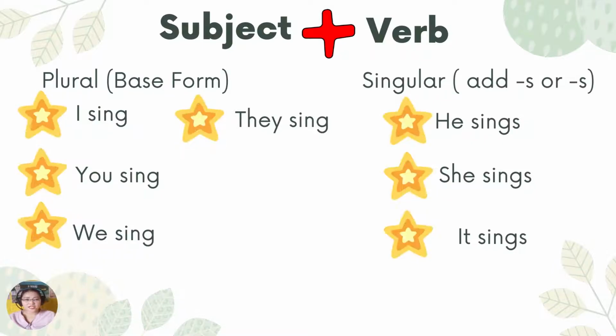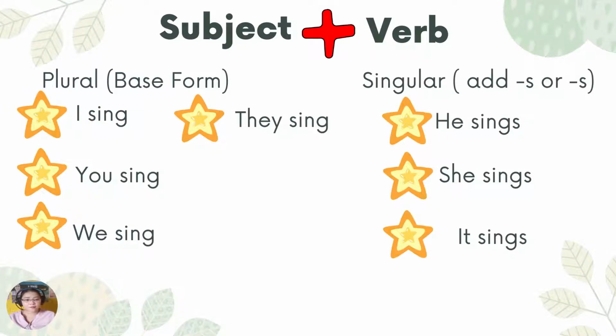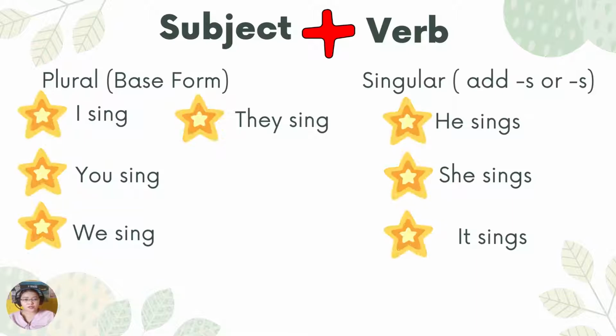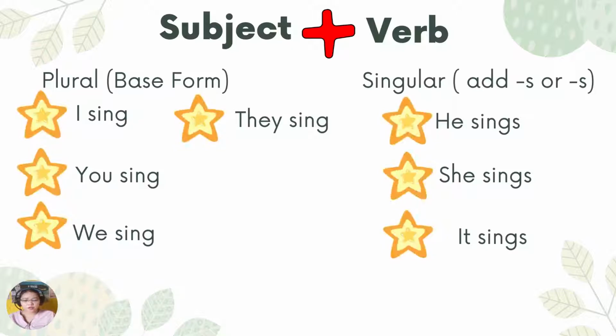Now, this is the formula: subject plus verb. In the first part, we have the plural or the base form, which means the subject is in plural form. Here, we will use the verb sing.